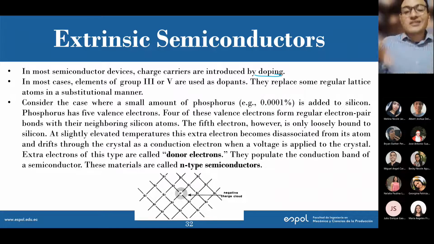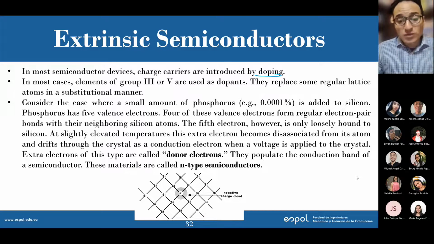That's why it's called N-type, because I'm adding one more negative charge. And obviously, these are the electrons that find it easier to jump from the valence band to the conduction band, and therefore they will populate the conduction band. Okay, so I think you guys knew this. This is quite easy, I believe.